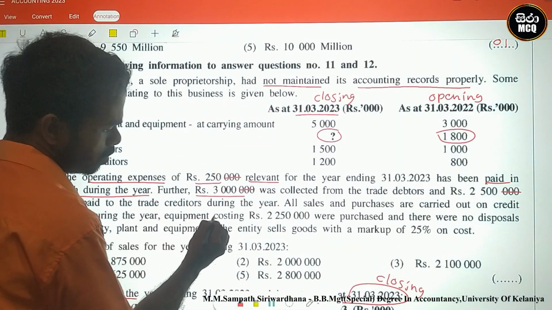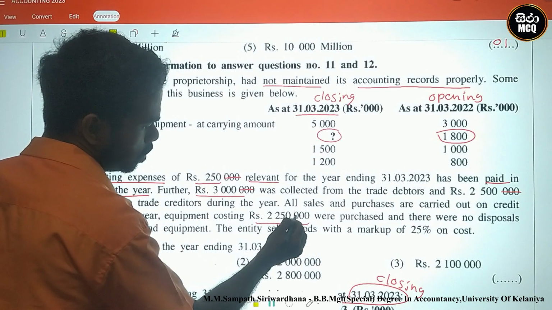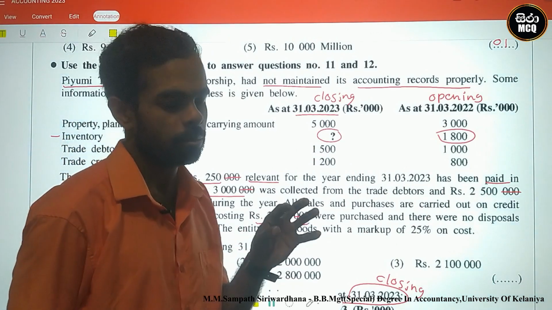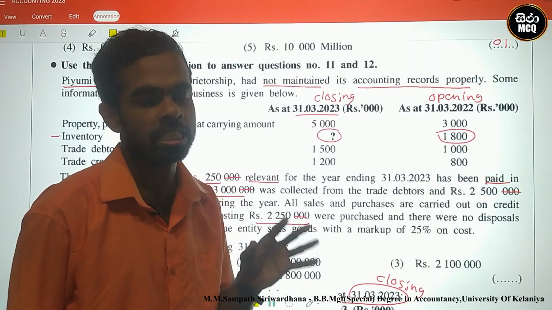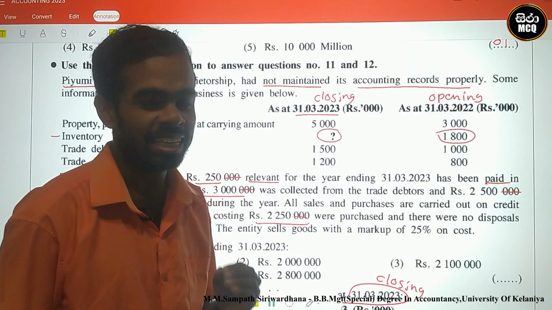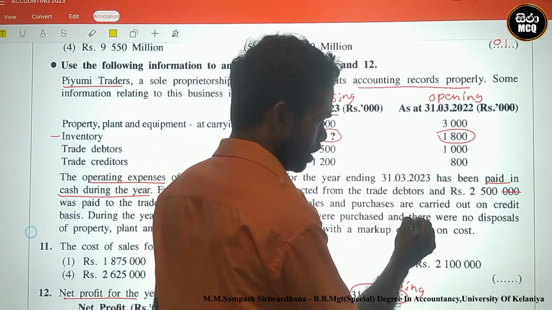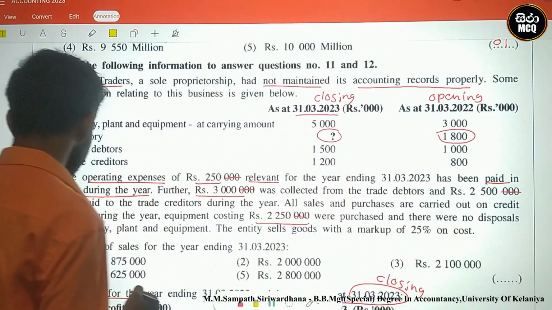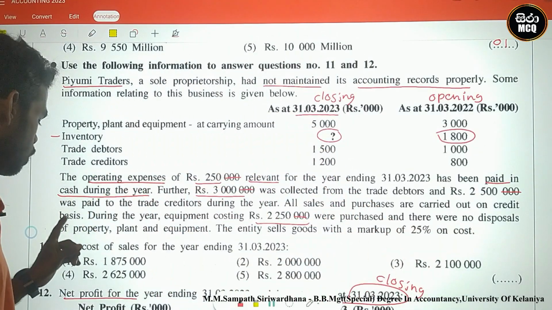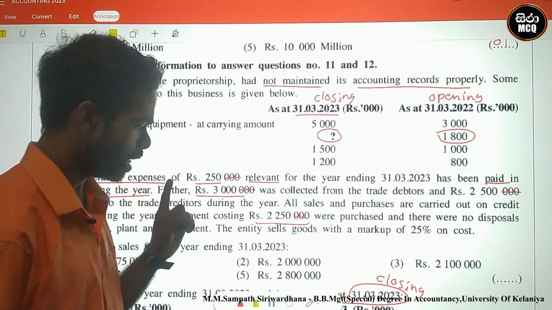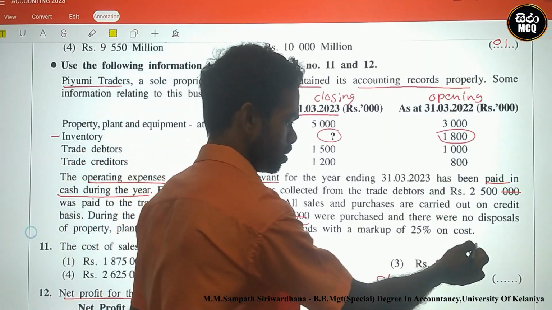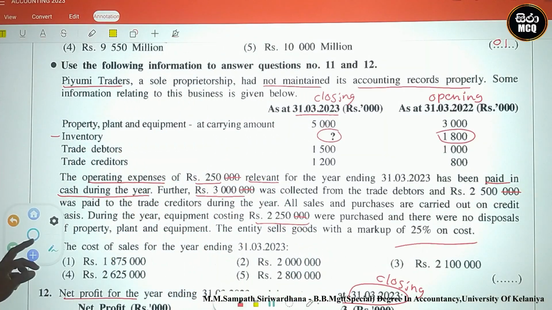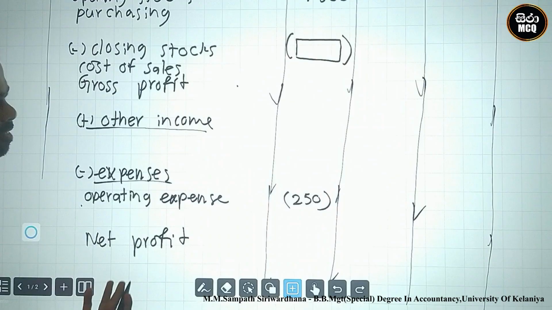During the year, equipment costing 2,250 was purchased. Purchasing of property, plant and equipment is not directly related to the income statement. There was no disposal, meaning sales, of property, plant and equipment, and the entity sells the goods with a markup of 25% on cost. We can only find this information.